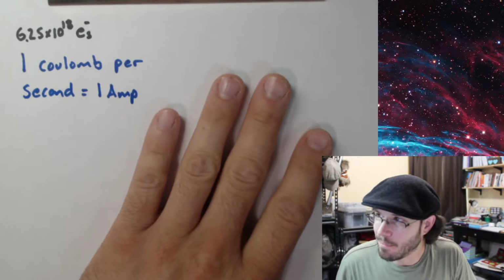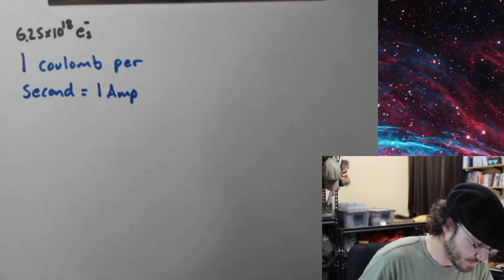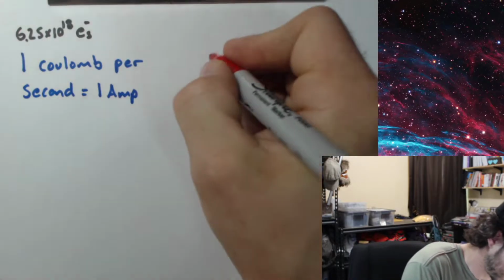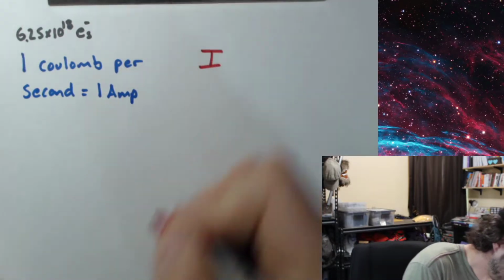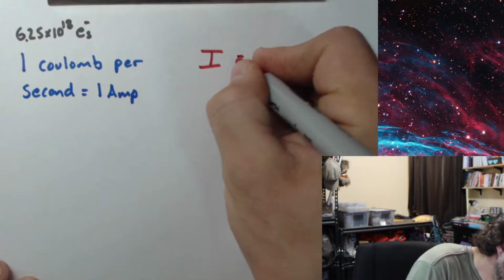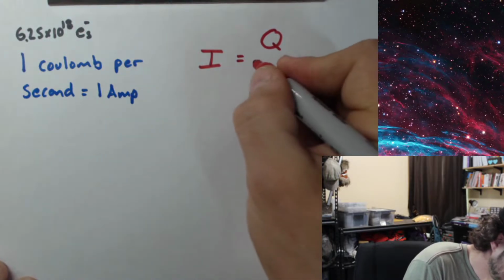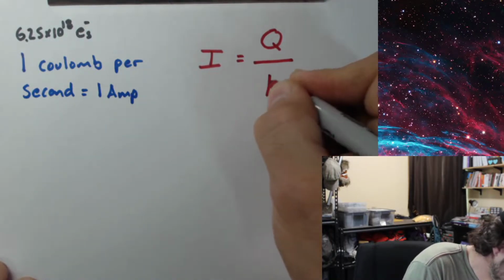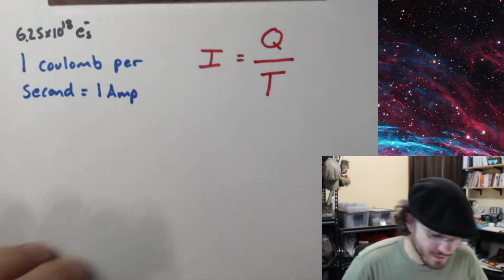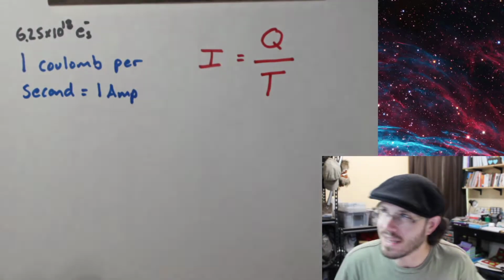Okay, next up on this other side, I'm going to give you an equation. I, current, equals charge Q over T, time. Okay, time's in seconds.